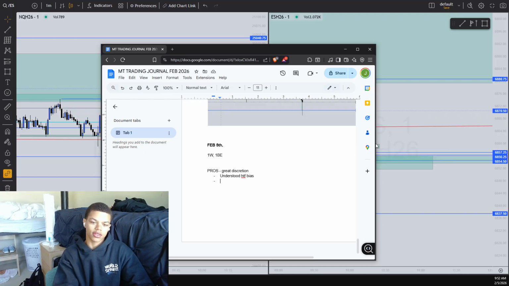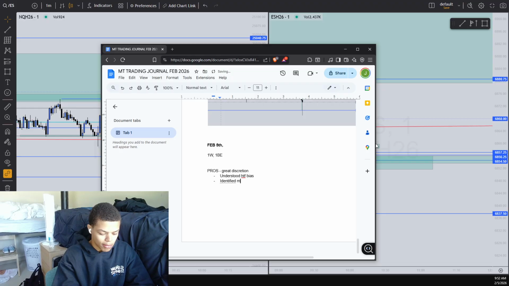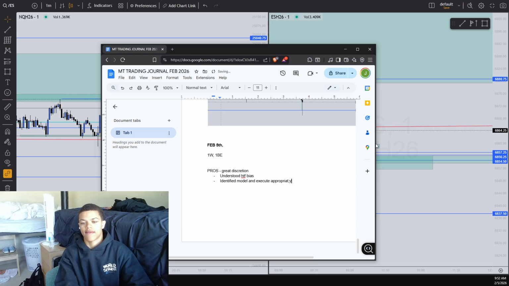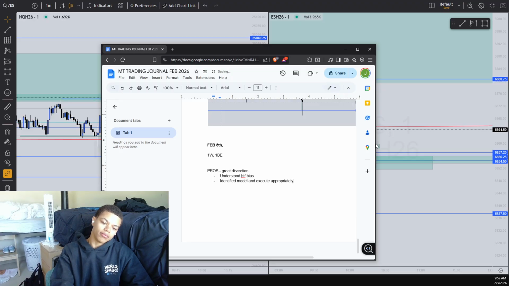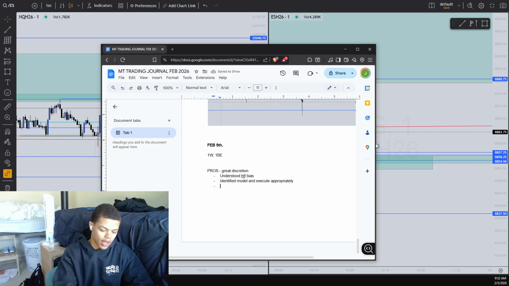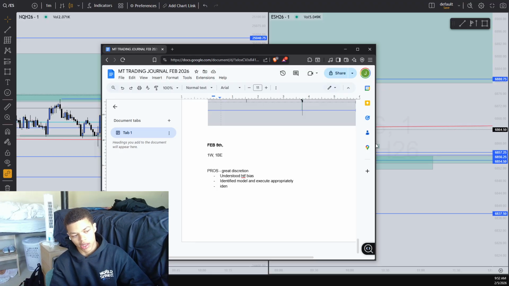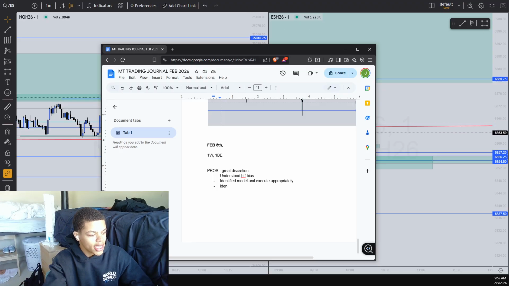All right, so great discretion, understood high time frame bias, identified model, and executed appropriately. Identified that 15-minute order block too, because if we did not identify that 15-minute order block, we would have been sitting here waiting for that 5-minute order block to get mitigated, and we did not have any mitigation to that 5-minute order block.